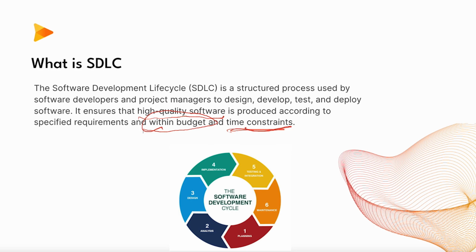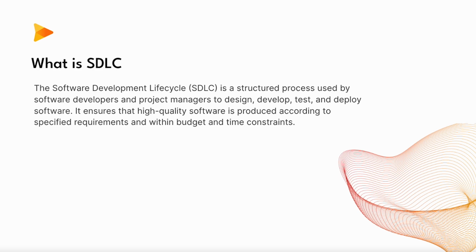You can also call them processes that the developers and the project manager must go through, or you can just refer to them as stages. So if you really want to understand the software development life cycle, you must also understand each stage that's involved in it.